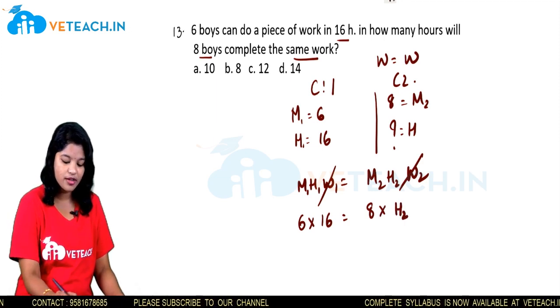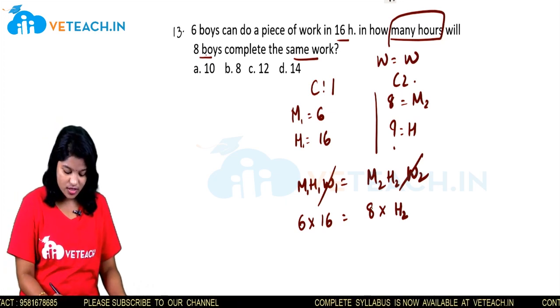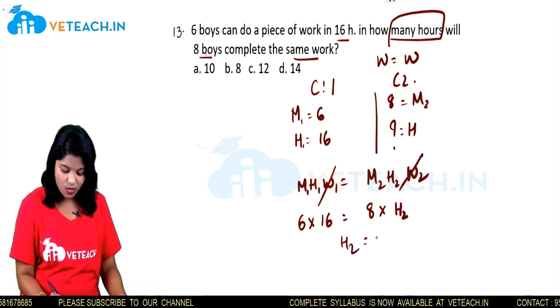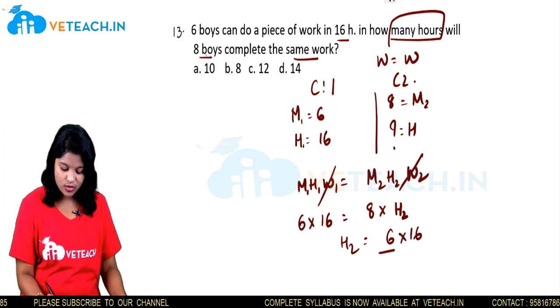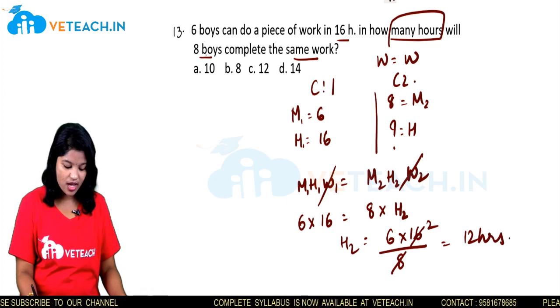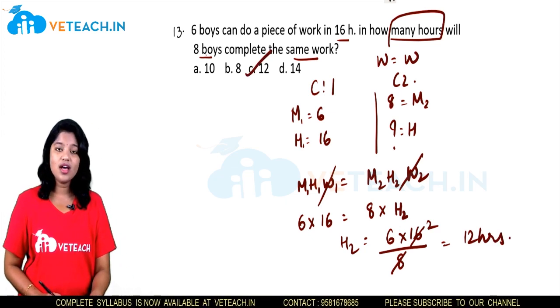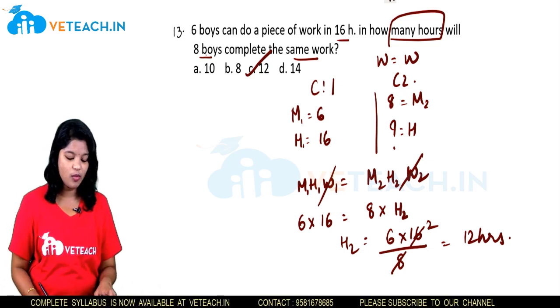That is, we have to find out how many hours these 8 boys will take to do the same work. So H2 is equal to 16 into 6 divided by 8, that is equal to 12 hours. So option C, 12, is our correct answer. So in 12 hours, the same work will be done by 8 boys.